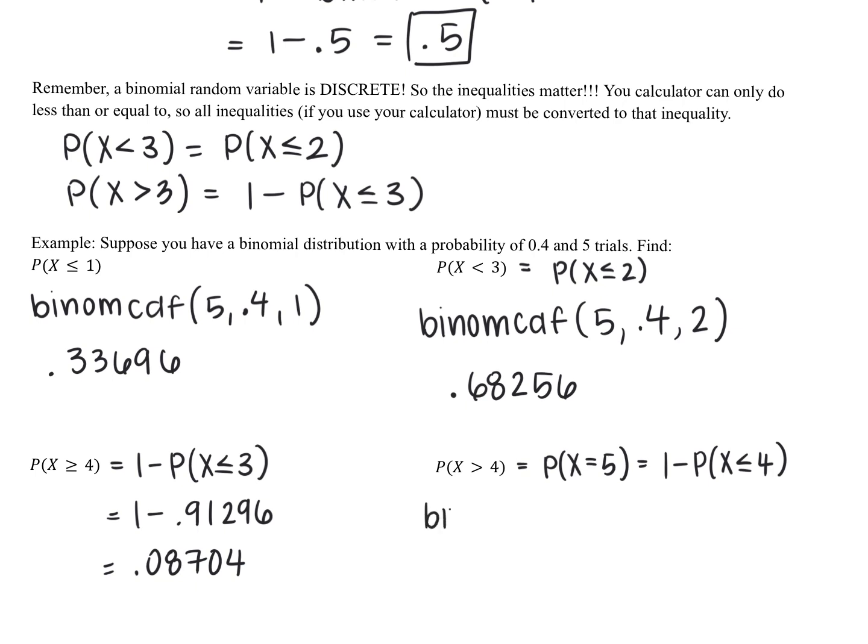So if I do the binom PDF with 5, 0.4, and 5, I get 0.01024.